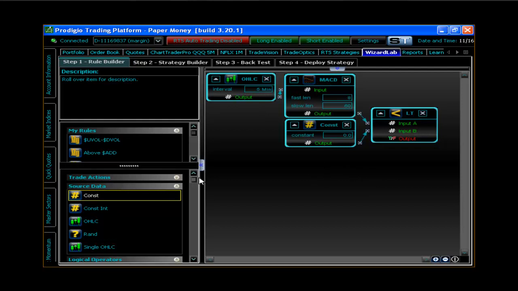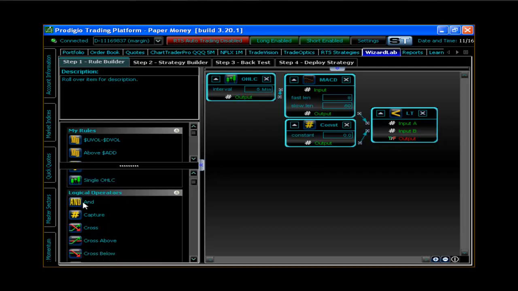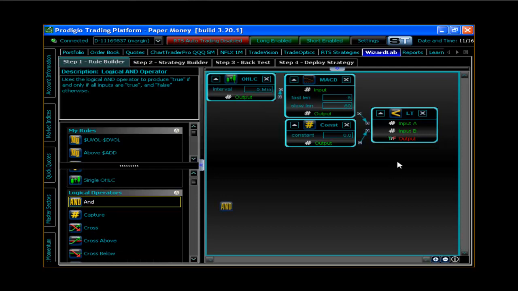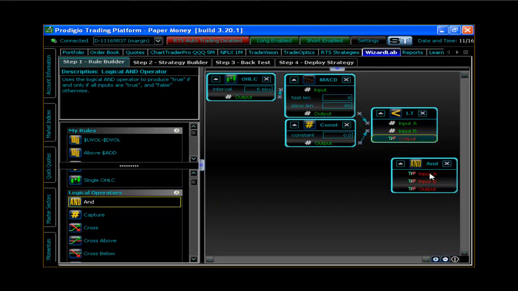So I'm going to use this MACD as a filter, and I'm going to combine it with a trigger. There's a logical operator called AND, and if I drag this out, it lets me combine more than one signal together. And the AND means I need all of the signals to be firing at the same time.